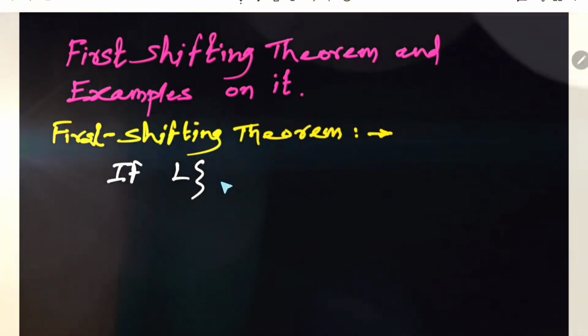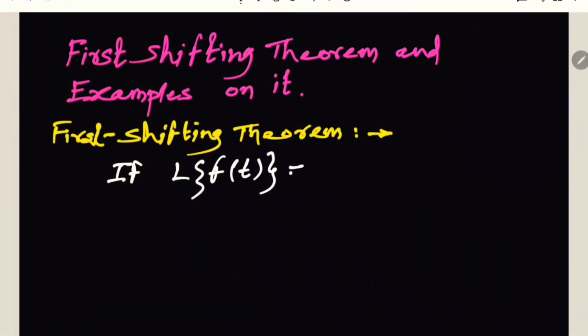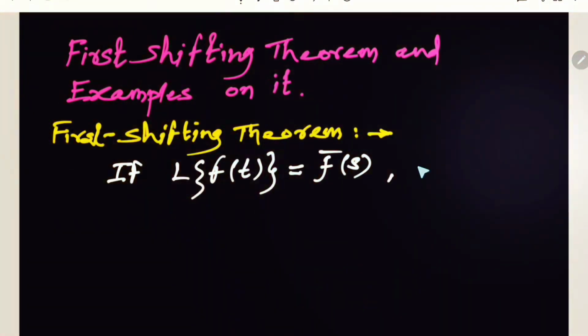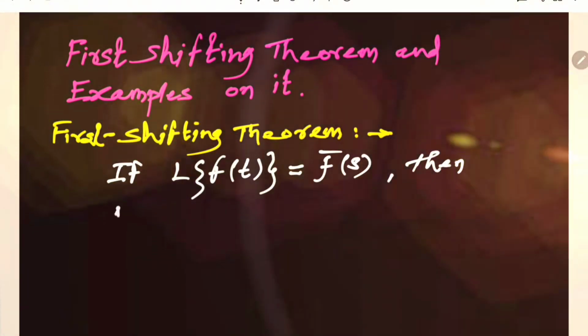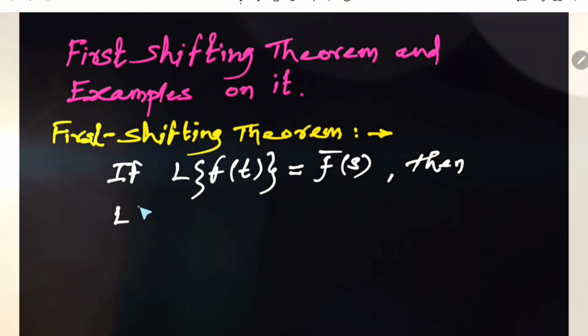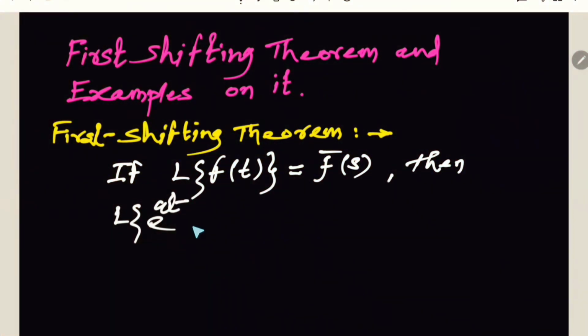If Laplace of f of t is equal to f bar of s, given or we can obtain it, then Laplace transform of that f of t multiplied by e raised to plus or minus at.